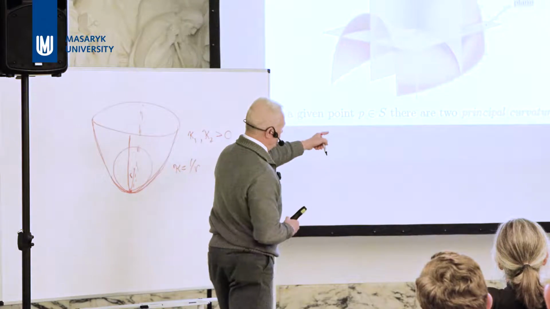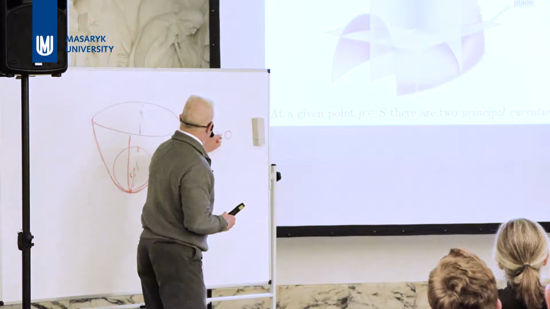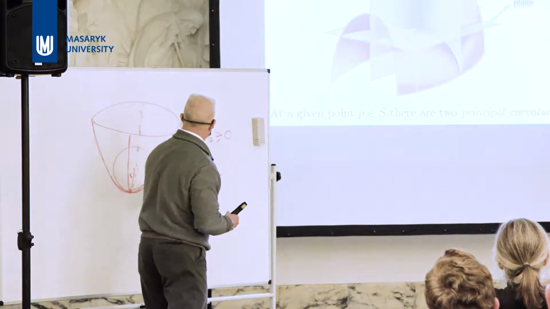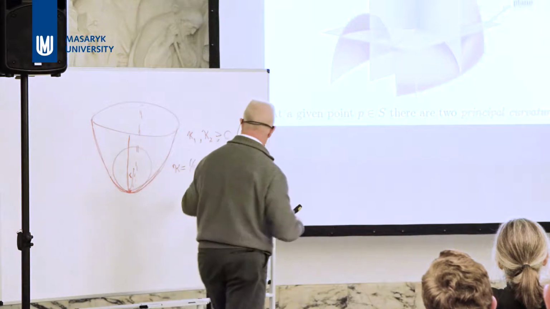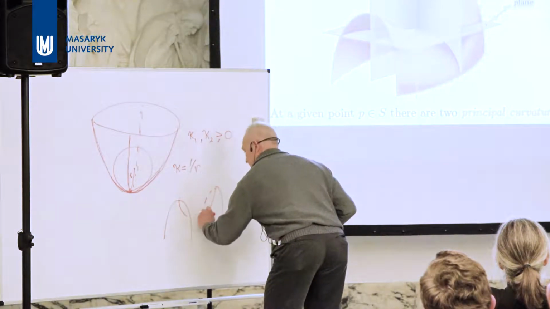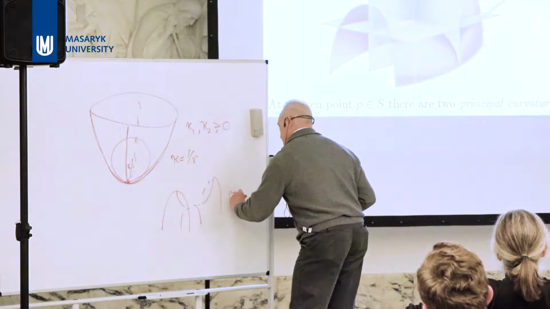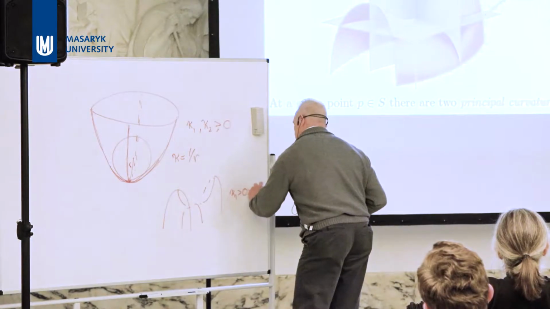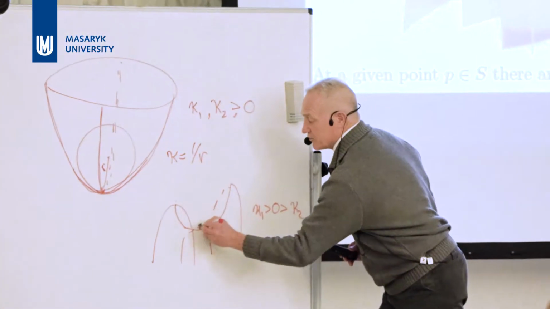One of those numbers is always greater than or equal to the other. This is a case where they're both positive, but in the saddle-shaped surface like that, what you'll find is that kappa 1 is positive, but kappa 2 is negative at this point where there's a saddle.